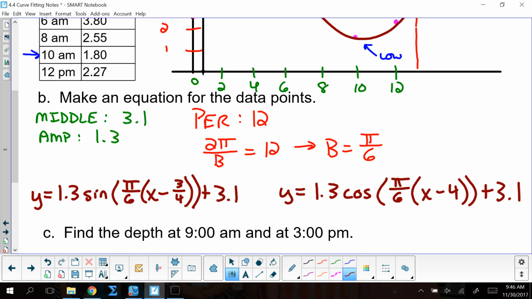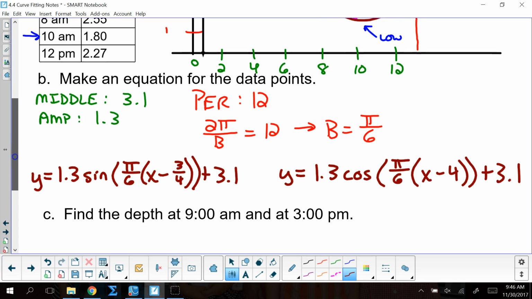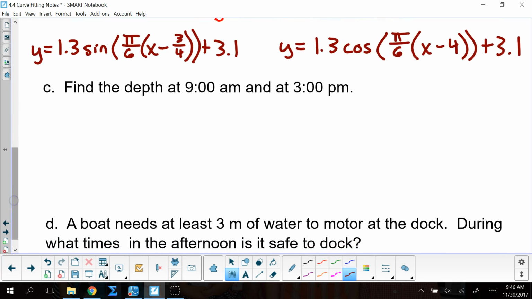So my question to you is, at 9 a.m., what is my x value? At 9 a.m., what is my x value?